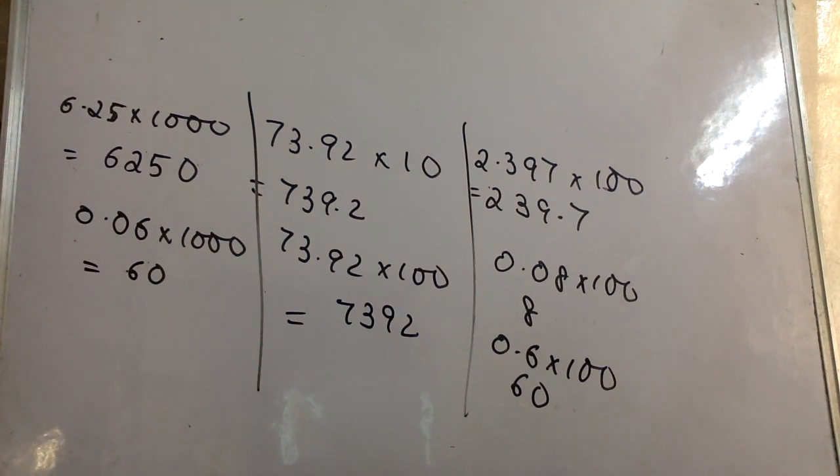If you waste your time by multiplying 6.25 with 1000 the long way, you'll end up writing lots of zeros and a huge calculation. And this thing, which takes 1 second to do, will take you about 2 to 3 minutes. So why waste so much time? These are the shortcuts which you can easily use in your sums, and they should be used to save time.